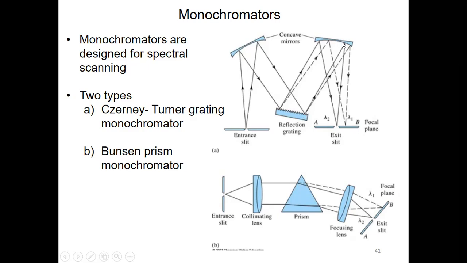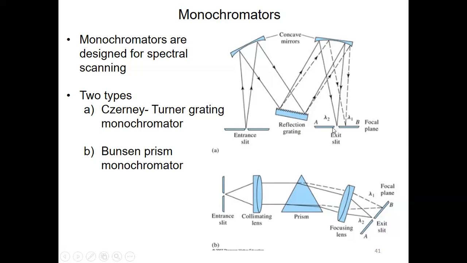Different reflected radiation will focus here, and different lambda values will focus at different places on the focal plane. Lambda 1 will be here, lambda 2, 3, 4. Likewise, different wavelengths will be focused at different places from A to B.